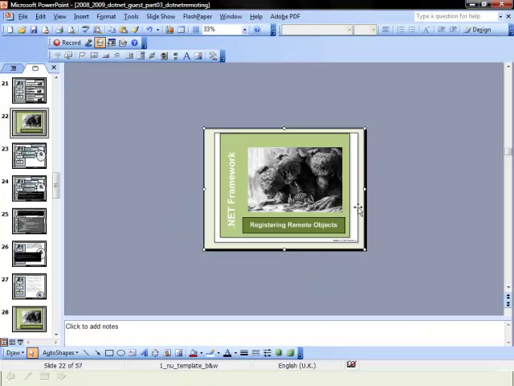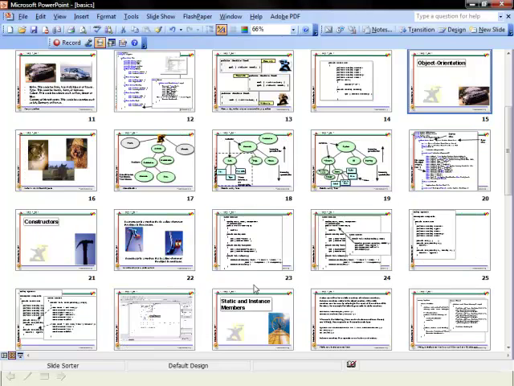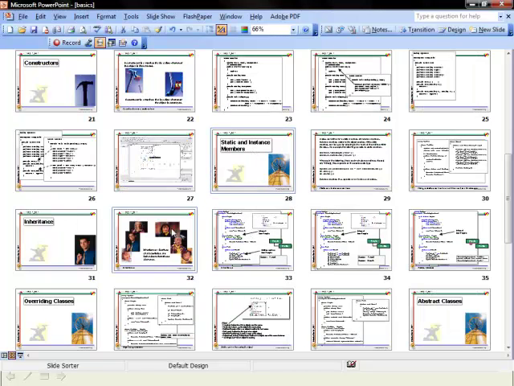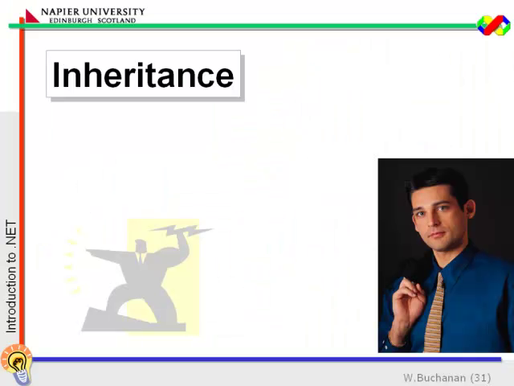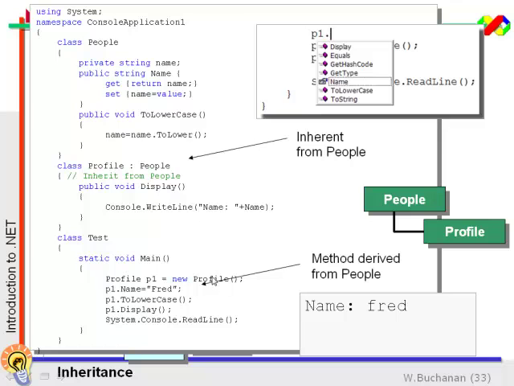So we quickly open up a previous presentation. Let's look at some basic concepts of inheritance. Inheritance inside an object-oriented language means that we can inherit characteristics and behaviors inside our classes.